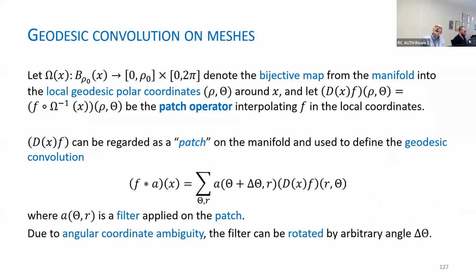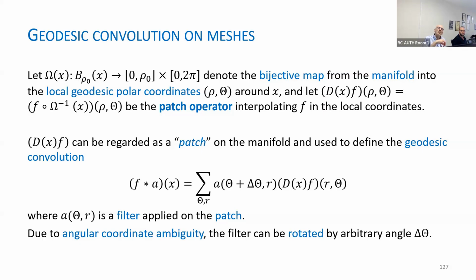Then the idea here is to perform convolution. You see there the symbol of convolution of the function that we have on the surface. On the surface, we can have a continuous function. This function can represent, for example, the coordinates of the points, the color, the normal, or any feature that we can compute on the surface, for example, the curvature.